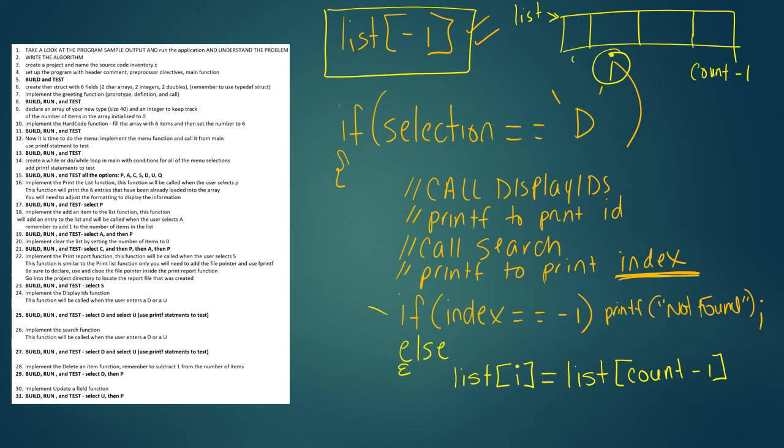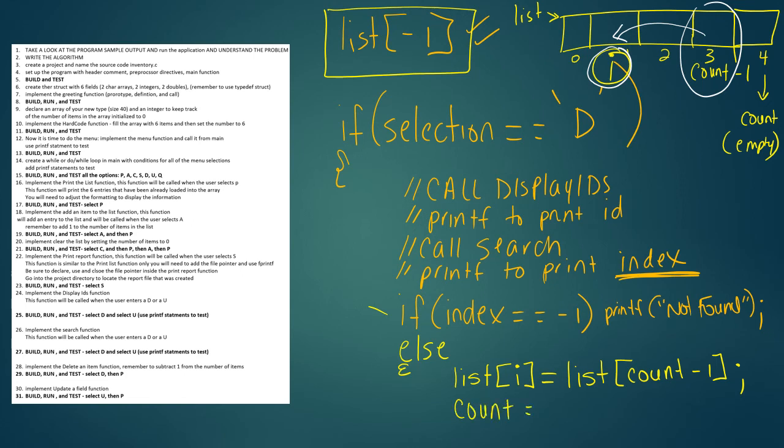So if you have 0, 1, 2, 3 items, and then 4 items in your list, then count is going to be 4, which is the first empty, and count minus 1 is going to be the one whose information is going to be overwritten onto all the information at I. So you say list at index I equals list at index count minus 1, and then you have to say count equals count minus 1.